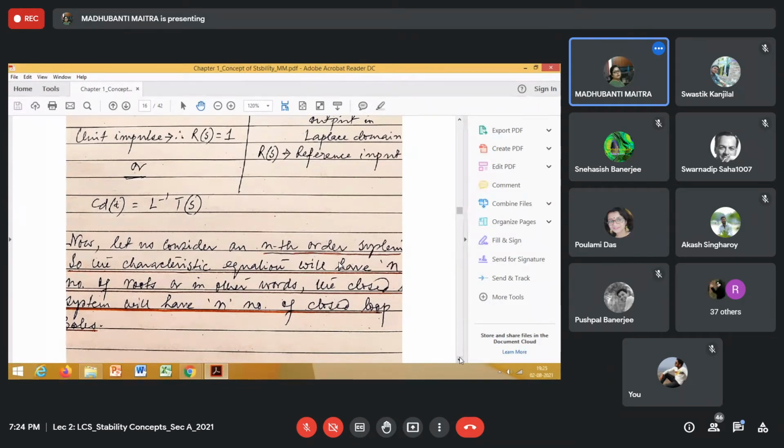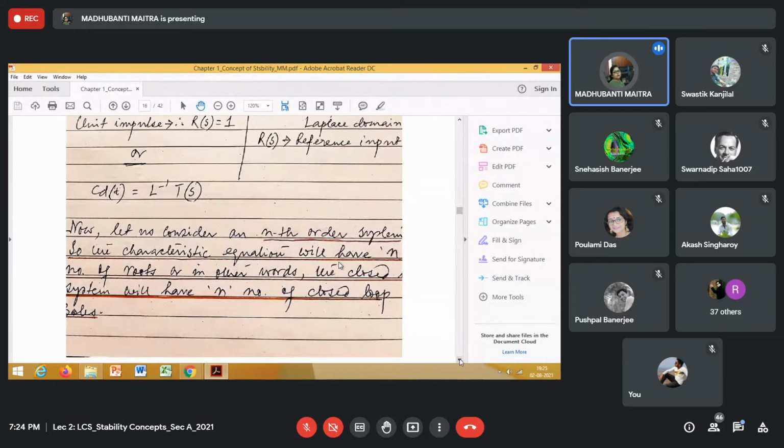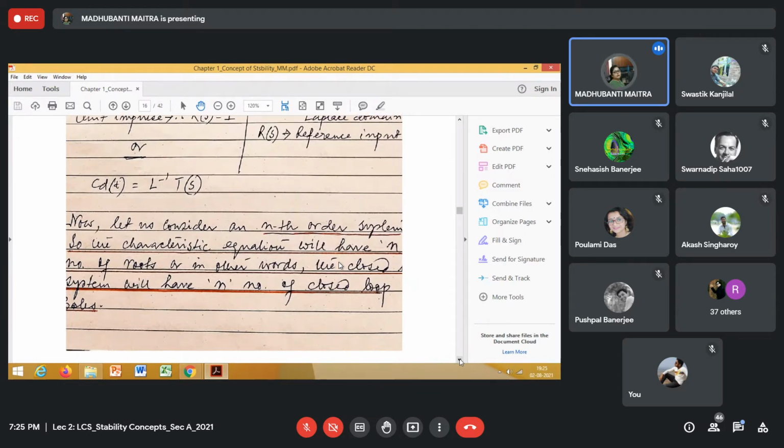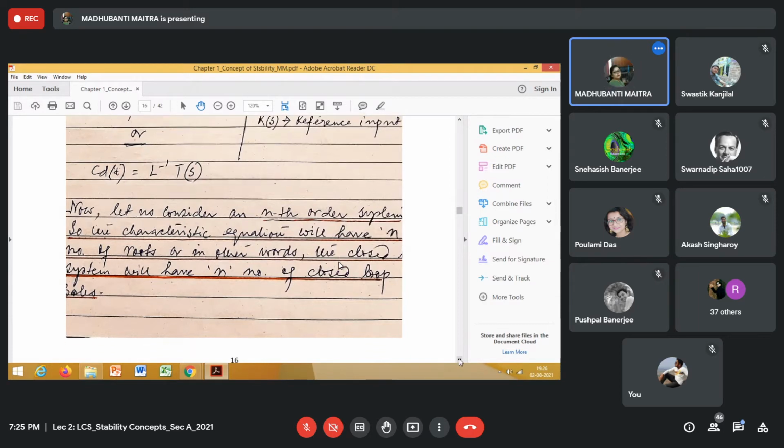Yes, ma'am. So actually it should be the number of closed loop poles. A general nth order system will have n number of closed loop poles.